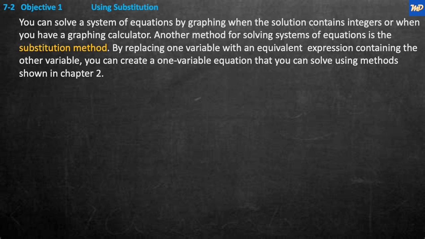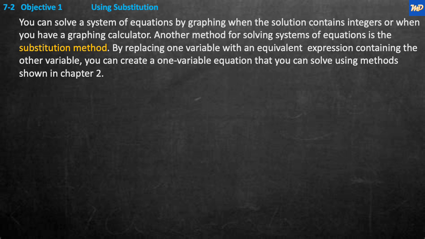Okay, in Objective 1, using substitution, we'll go over that slide again. It says you can solve a system of equations by graphing when the solution contains integers or when you have a graphing calculator. If they're not integers, it's hard to find out exactly where the lines cross. What you're trying to do, remember, is look at exactly where the two lines cross each other, and that's your solution.